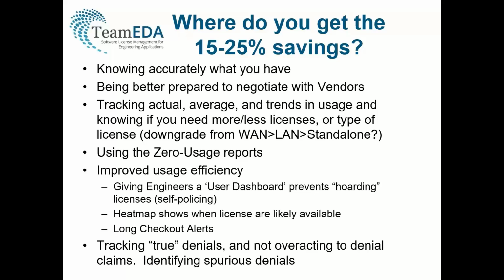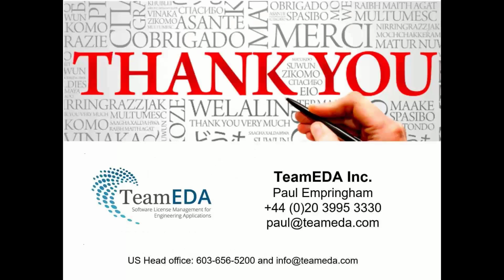And it's all these elements: zero usage, looking at the average, the long checkouts, tracking true denials. Are those denials bad denials? Should they be happening? Can we reorganize how teams work to make sure that we avoid denials, and then avoid having to purchase new licenses?